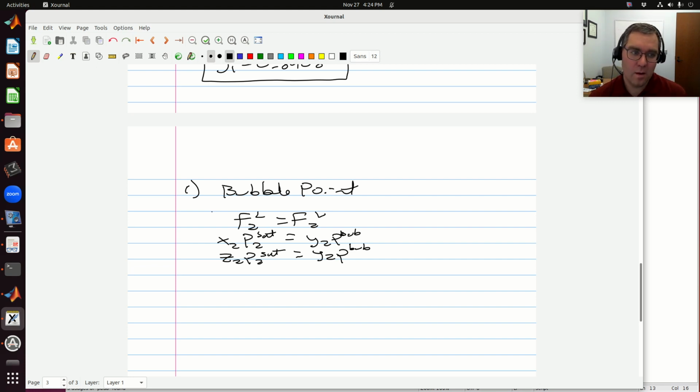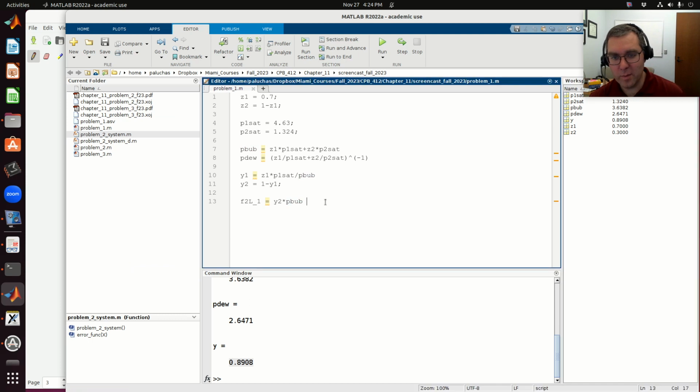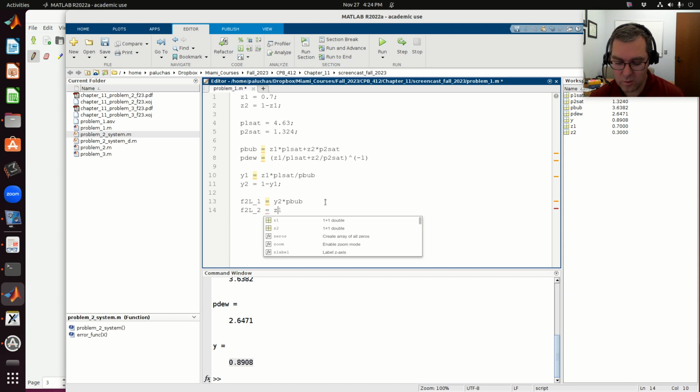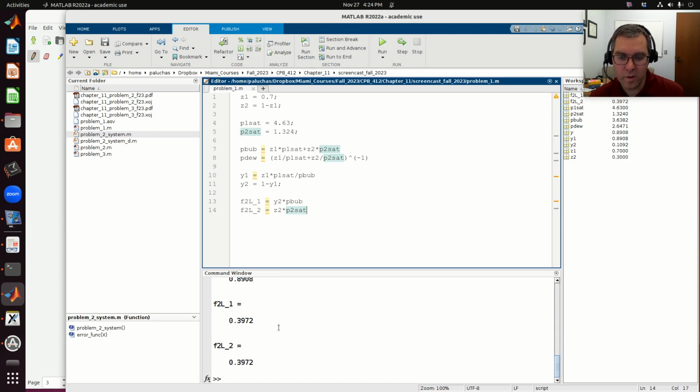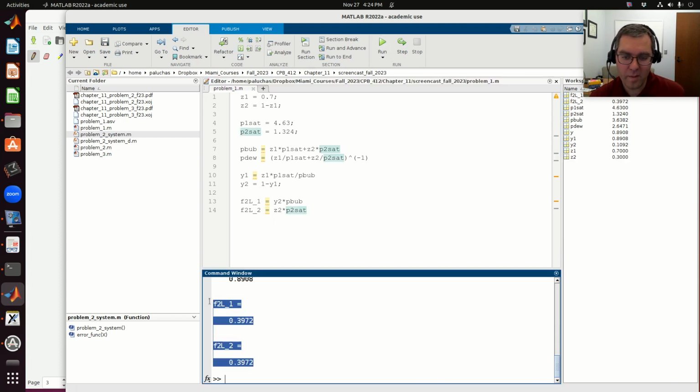And then likewise, I should be able to compute this as F2L, where method number 2 would be x2, which is equal to z2, times p2 sat. So running both methods, I get a fugacity of 0.3972.